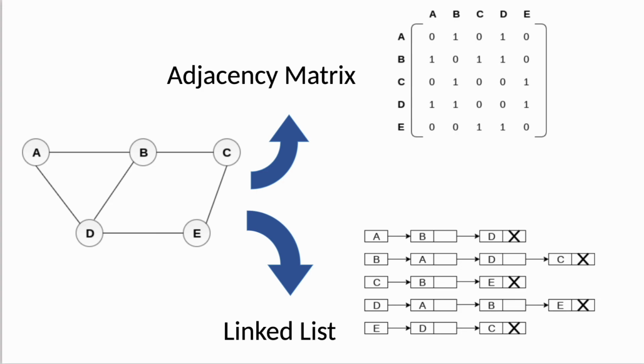Now, you may be wondering, when is it advantageous to use adjacency matrix representation? Well, if the graph is a dense graph or it contains edges in the order of n squared, then it is better to use the adjacency matrix as compared to an adjacency list. This is because the size of both adjacency list and the adjacency matrix will be comparable.